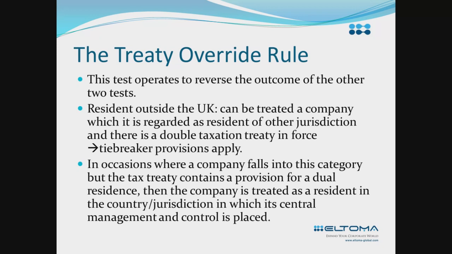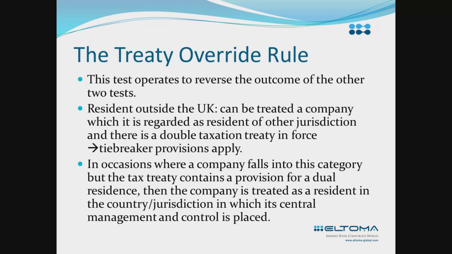A company can be treated as a resident outside the UK if it is regarded as resident of another jurisdiction, an offshore jurisdiction, and there is a double taxation treaty in force. Very important, double taxation treaty in force.